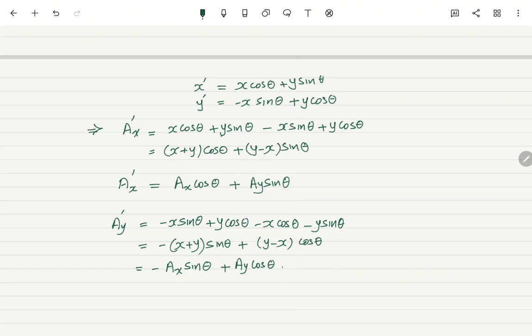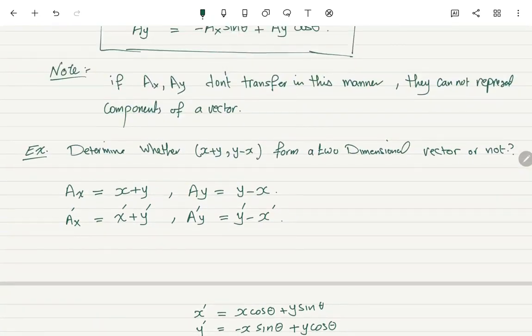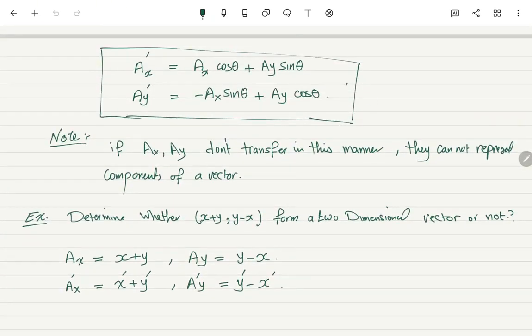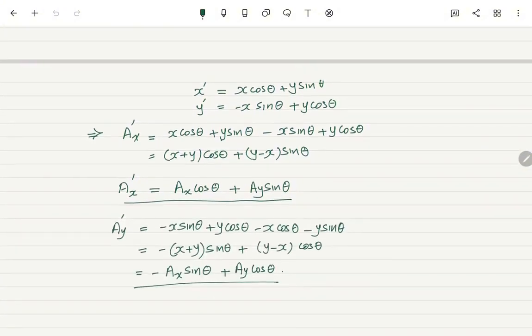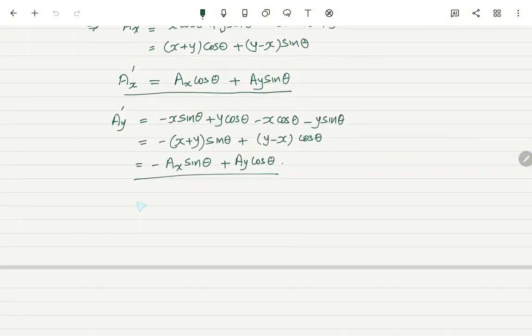As we can see here, upon transforming, the new coordinates ax prime and ay prime follow the same rule as this one right here, which means x plus y and y minus x are components of a two-dimensional vector.